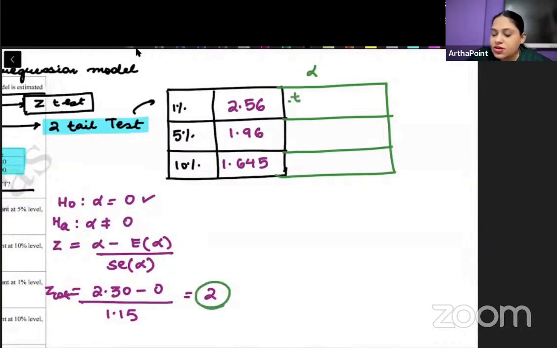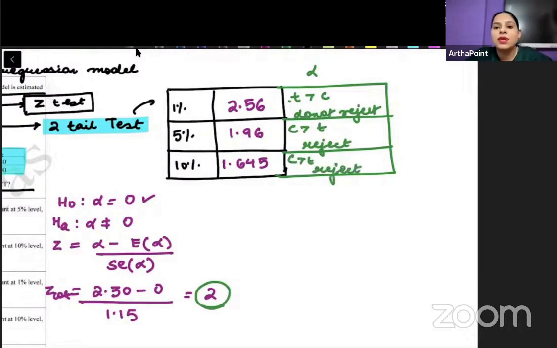Here tabular is greater than calculated, so do not reject. Here calculated is more than tabular, reject. Here calculated is more than tabular, reject. Right? Reject in the last two cases, do not reject in the first case.